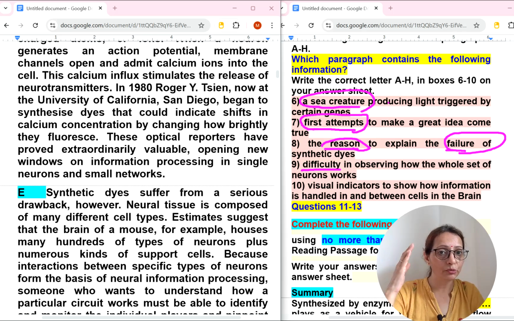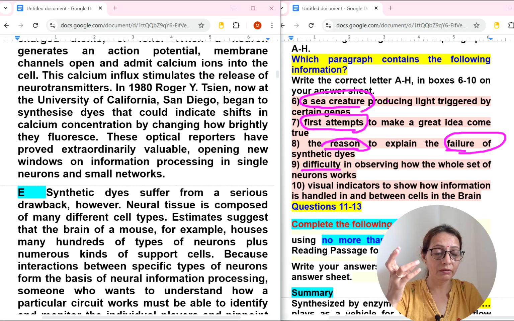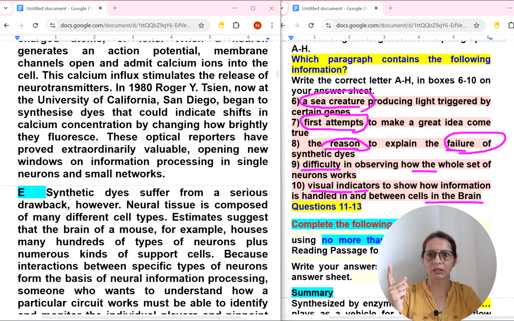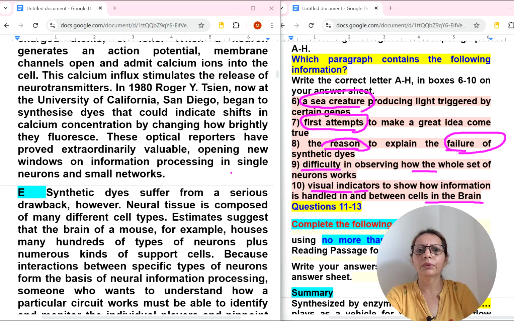Because some paragraphs we have read, and if we have some advance ideas from reading them, it will be easier to get the location for the answers. Difficulty in observing how the whole set of neurons works. This also we have read, I think. Visual indicators to show how information is handled in and between cells in the brain. Some visual indicators, imaginary visuals in paragraph B, I think, something they were talking about.